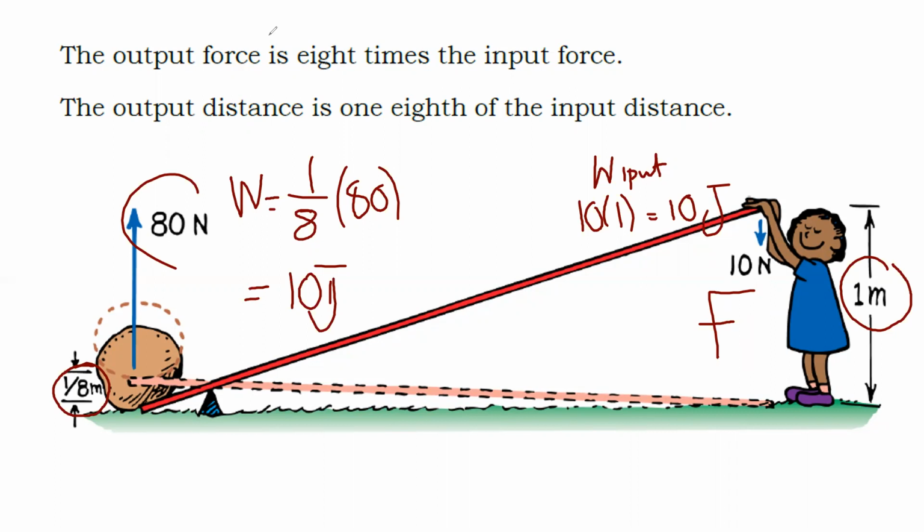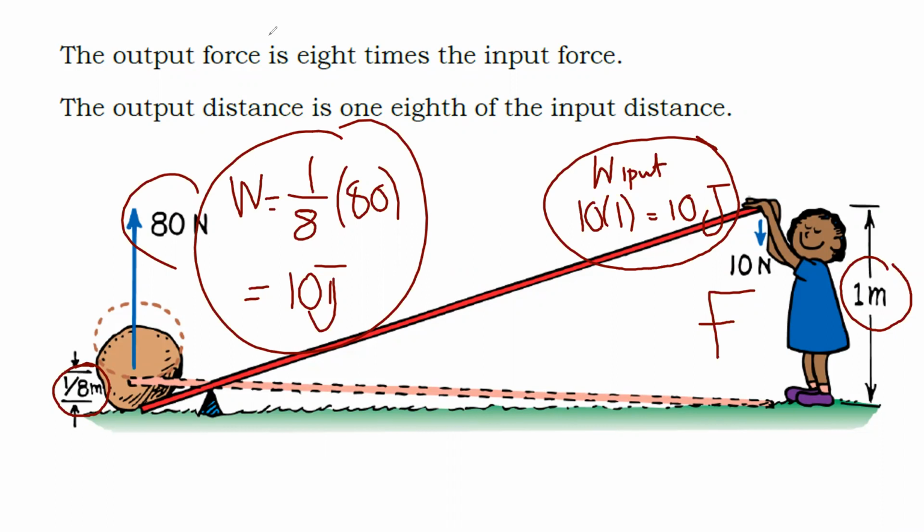With 1 kilogram, you can push an 8 kilogram force, or an 8 kilogram mass, sorry. How? By changing the distance. Changing the distance helped me to apply a greater force to hold the rock, even though its mass is 8 kilogram. So here, the work input is 10 joule and the work output is 10 joule.